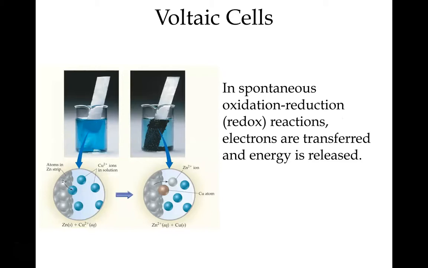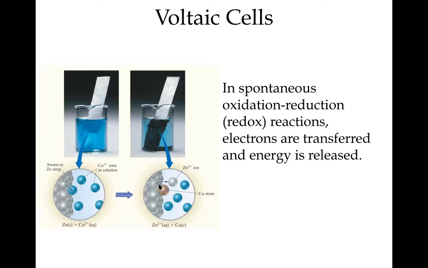Now, in spontaneous redox reactions, electrons are going to be transferred, and energy as a result is going to be released. And what happens in this particular redox reaction is that zinc is immersed in this copper ion solution, and the zinc atoms are going to transfer electrons to the copper ions, okay?